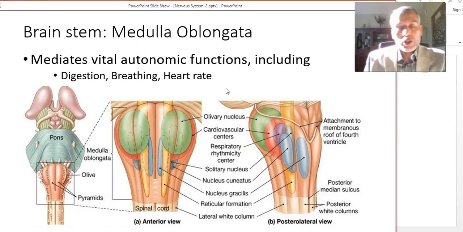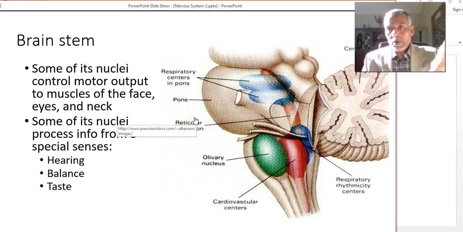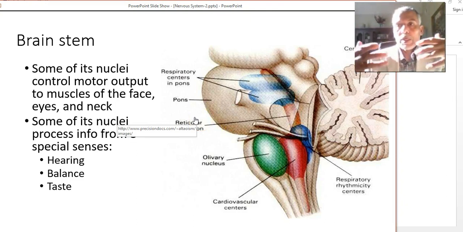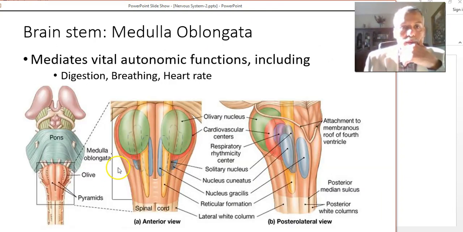We'll just touch upon a few functions for each structure individually. So what we discussed is generally for the entire brainstem, but we'll look at the functions here of individual components.